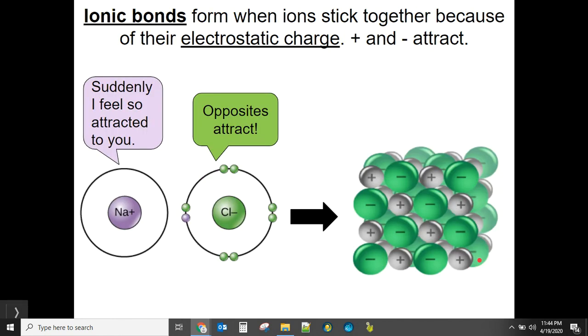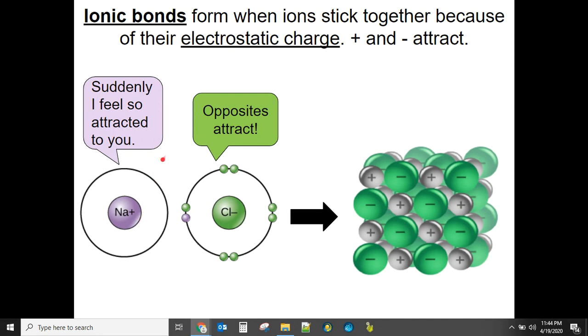So an ionic bond is what happens when the ions stick together because of their electrostatic charge. So they're either positive or negative, and those positives and negatives attract each other. So like this sodium ion newly lost its electron and is now positive. It's now a sodium ion instead of a sodium atom.